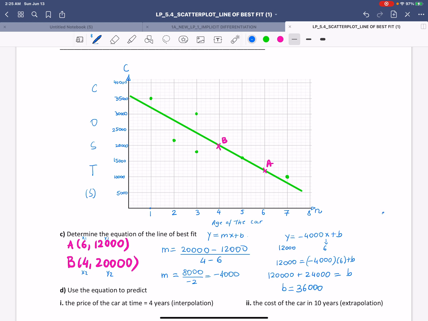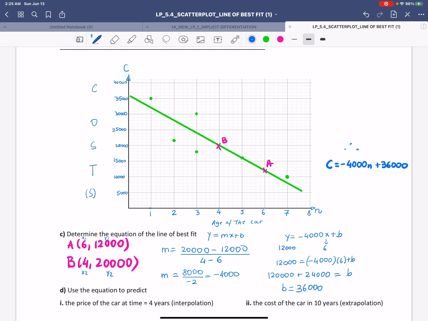So therefore, we're going to say that the equation is, again, let's use the correct variables. So we'll say C equals, maybe I should write it above here so we have room, the slope of negative 4,000 n, and then plus 36,000.